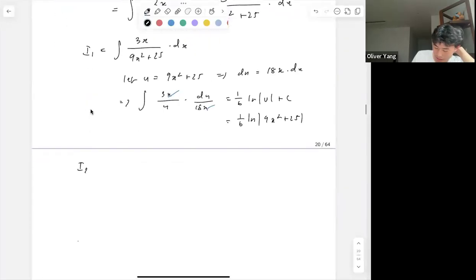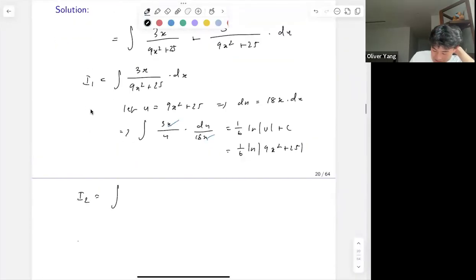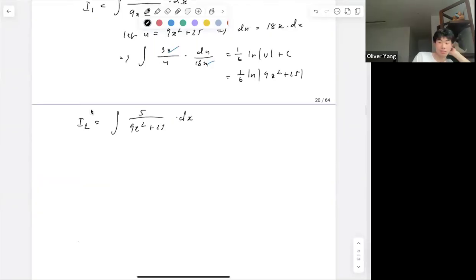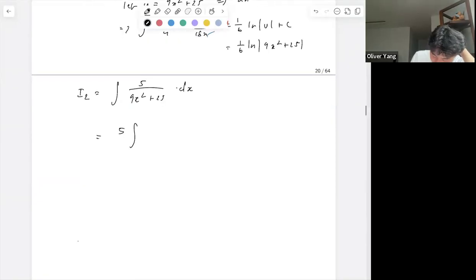Okay, second integral. So second part, we get 5 over 9x squared plus 25 dx. Okay, cool. So we can see that it's not exactly in the tan form as given in the formula sheet, but all we need to do again is just to factorize out, right? So I'm just going to keep the 5 at the front because it's a constant. And then we want to factorize what's on the denominator.